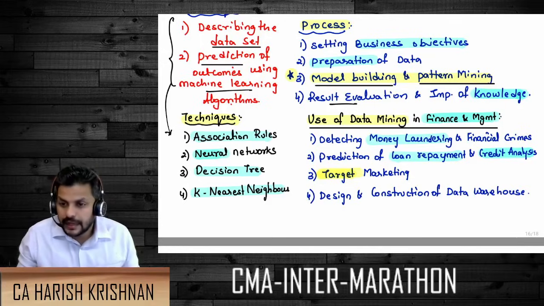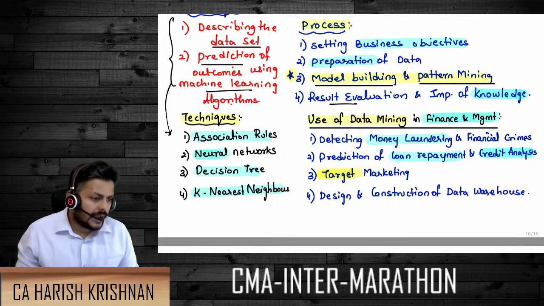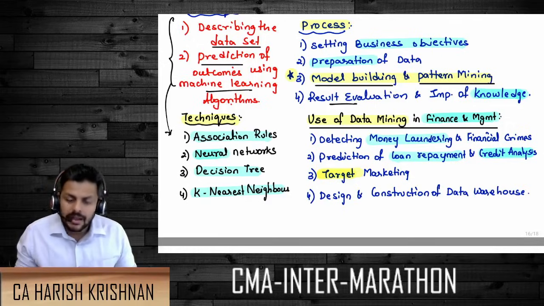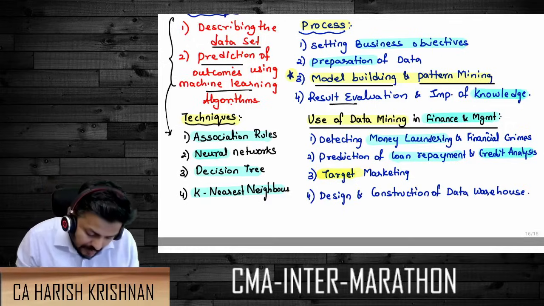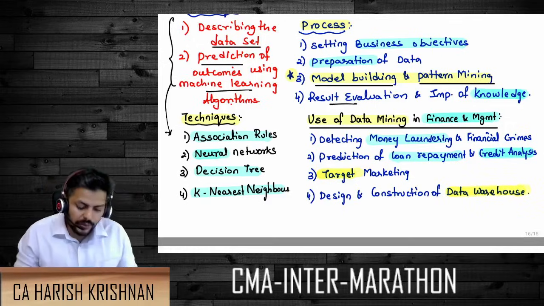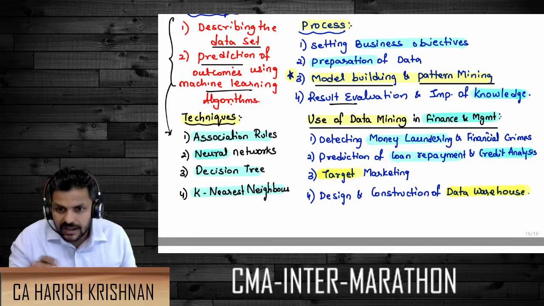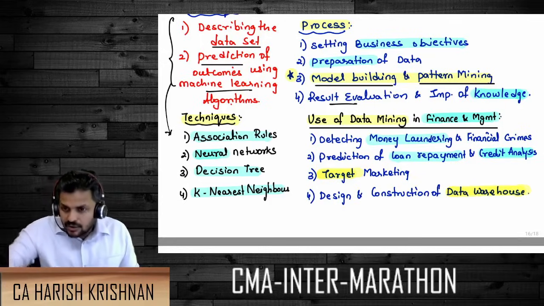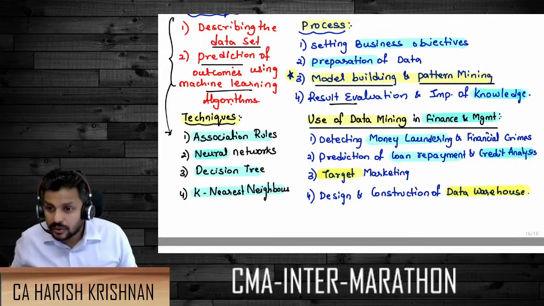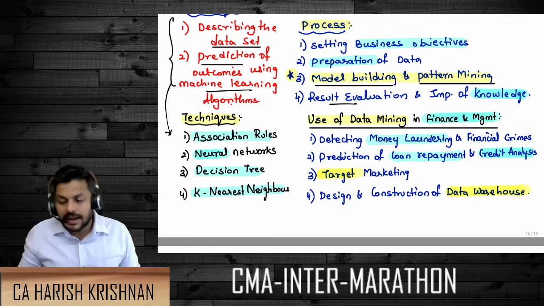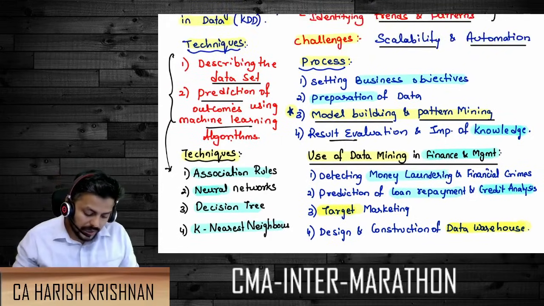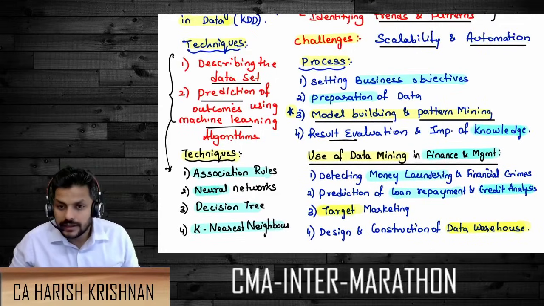Target marketing, as in exactly knowing who your target market is, and sending advertisements that appeal to them very clearly. Design and construction of a data warehouse. The data warehouse is nothing but the repository from where you extract all the information. If you clearly know what you want to extract, can we also build it like that? That is the point here, right? So for all of this you can use data mining.